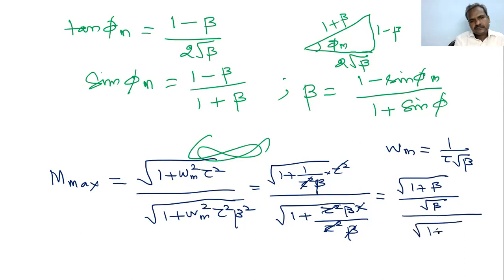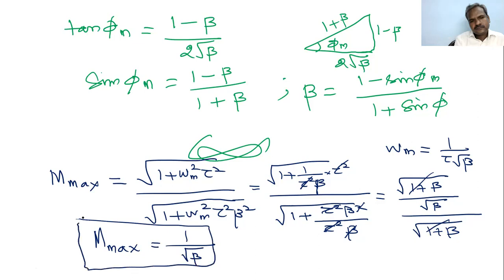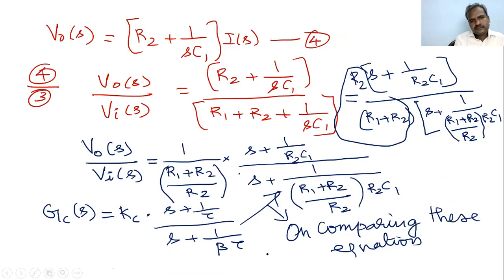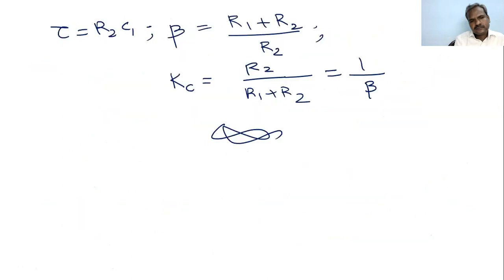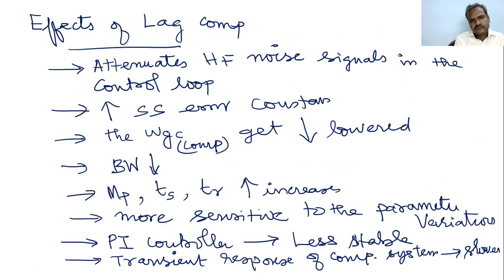This and this cancel, so M maximum will be equal to 1 by root beta. This is all about the lag compensator. If you know this very well, we can design the lag compensator for a suitable system.